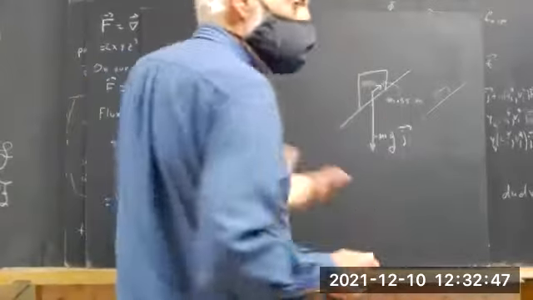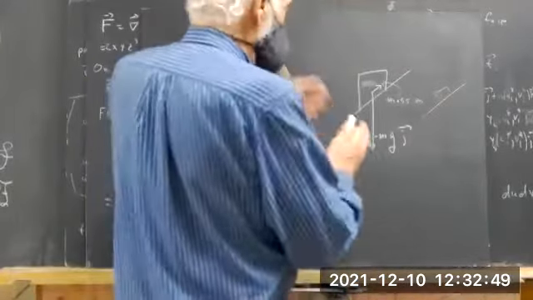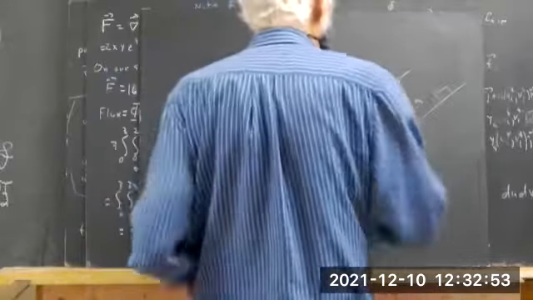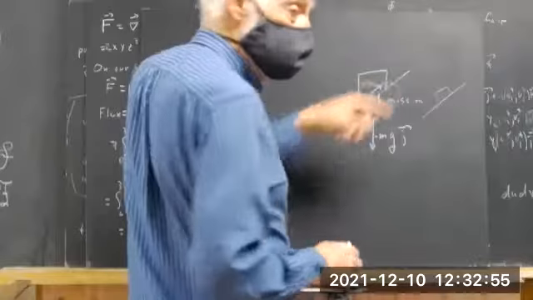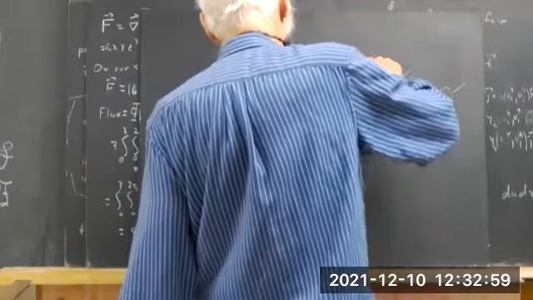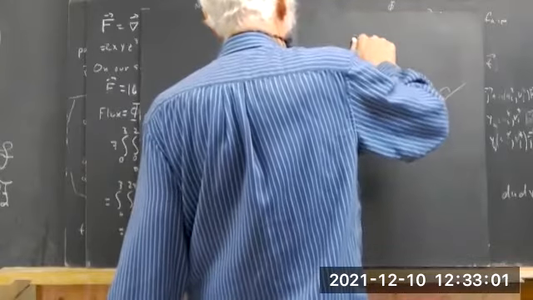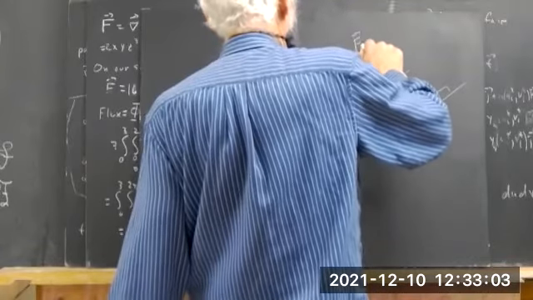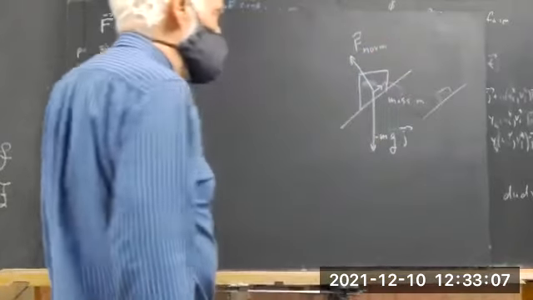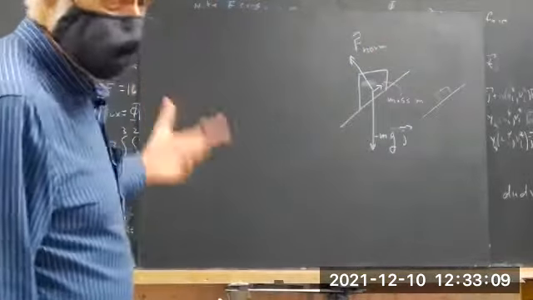You also have normal force, which is why this thing doesn't fall through. And the normal force, as we've demonstrated, is perpendicular to the incline. I'll write that as F norm, or F sub n.